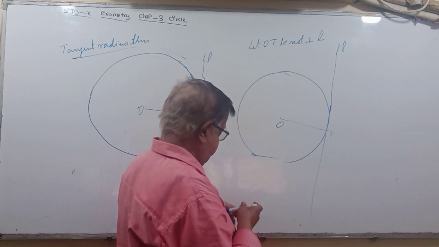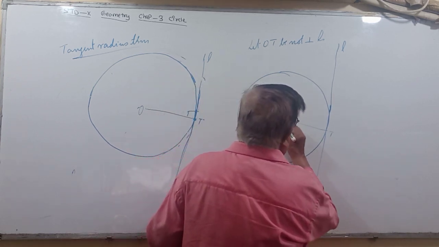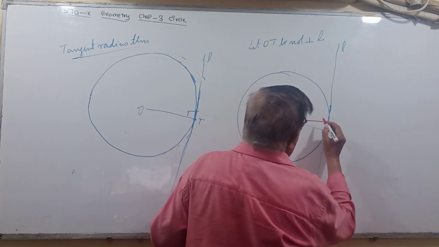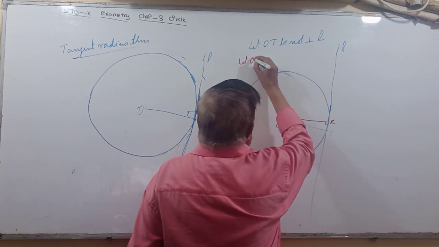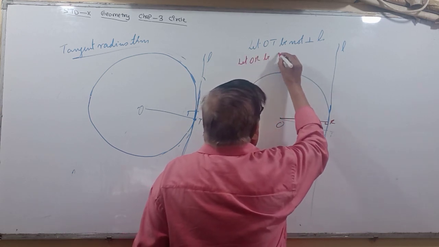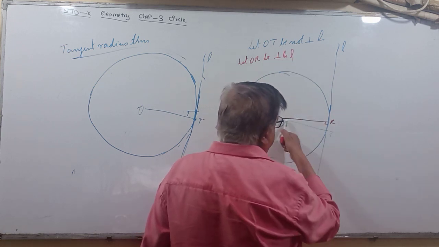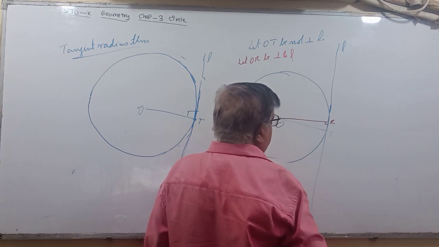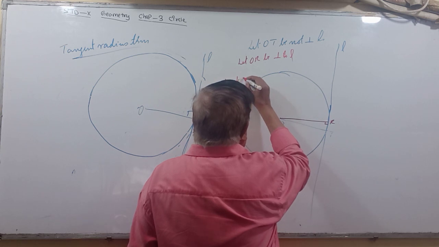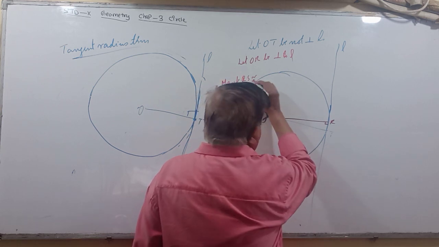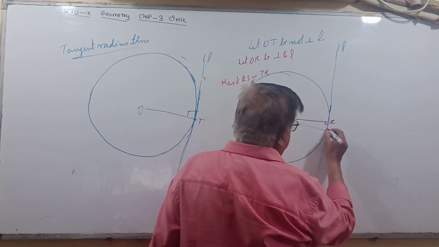Then we will draw a line OR perpendicular to line L. We assume that OT is not perpendicular, then let OR be perpendicular. Then mark RS congruent to TR.